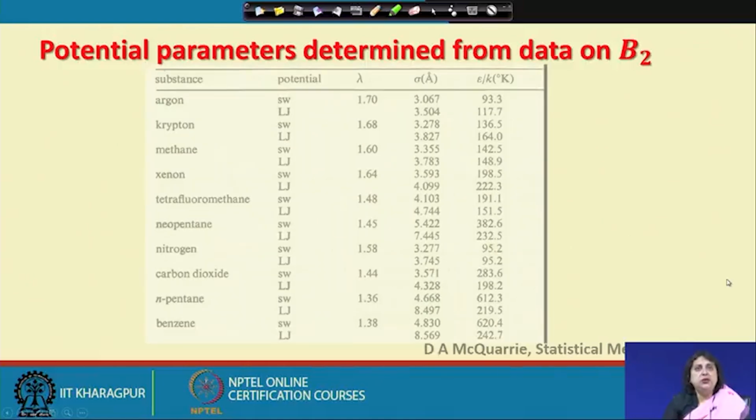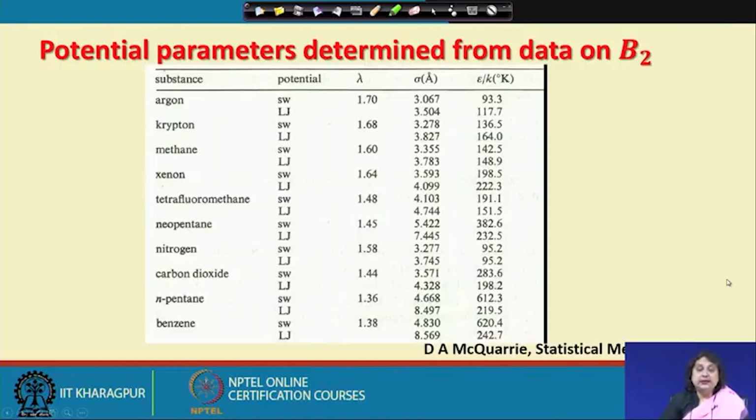So, actually what has happened is, once you know that B2 is related to the pair potentials, people actually use the reverse of the problem. They use the data on virial coefficient and find out potential parameters from B2. For example, we have seen in the square well potential, the parameters are lambda and sigma.